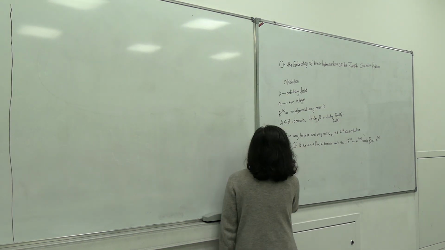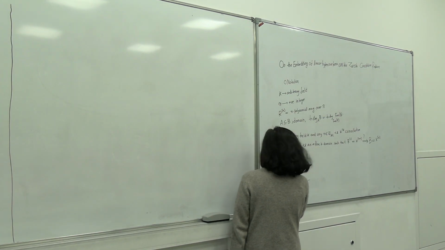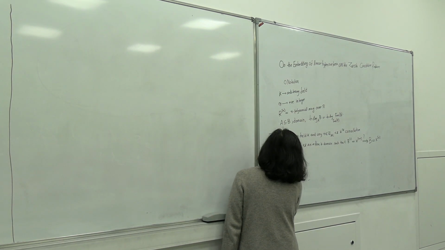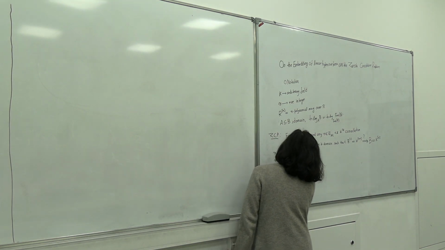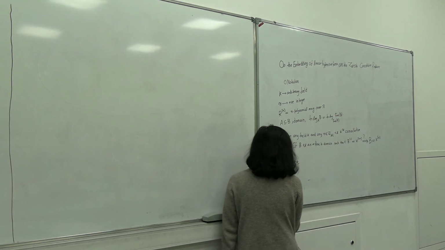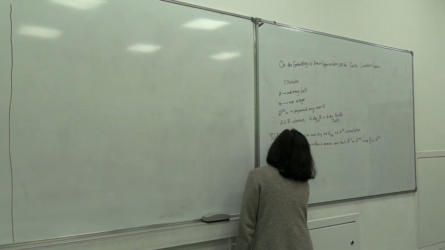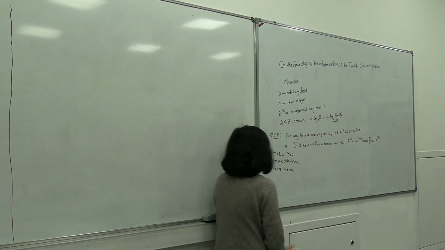We know that for n equal to 1 and 2, the answer is yes, for any field. We will see a proof of both today. And for n greater than or equal to 3, with characteristic of K strictly greater than 0, we know there are counterexamples. We will see that today also. And for n greater than or equal to 3, with characteristic of K equal to 0, the problem is open.